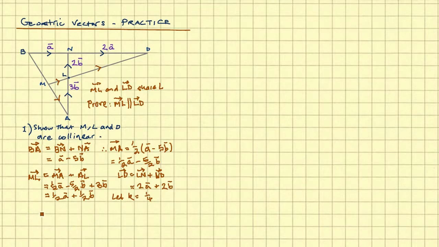Okay, so let's give that a go then. So a quarter L to D equals a quarter of this expression here, 2a plus 2b, then that equals a quarter times 2 is half a, and a quarter times 2b is half b.